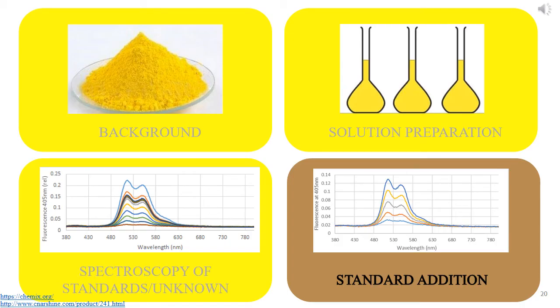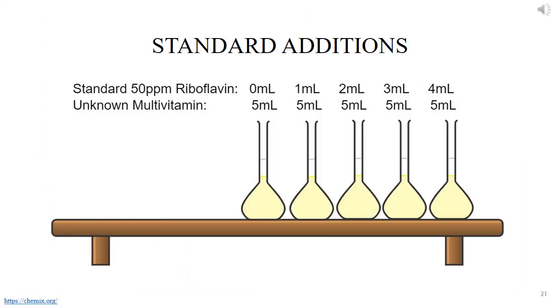For the standard addition method, 5 25 milliliter solutions were made. Each contained 5 milliliters of the unknown multivitamin solution and differing amounts of the 50 parts per million standard riboflavin solution.